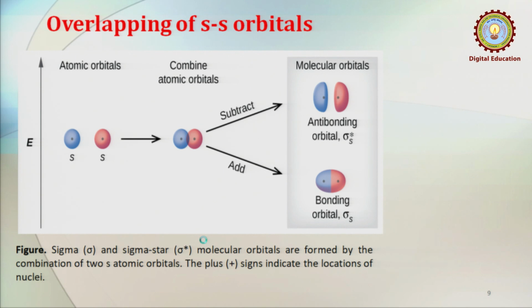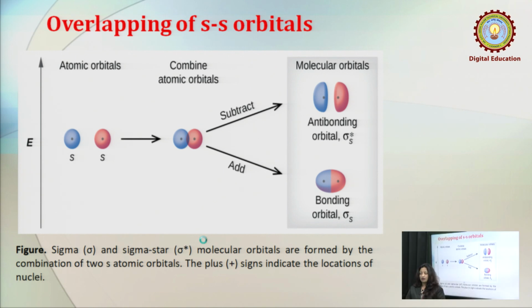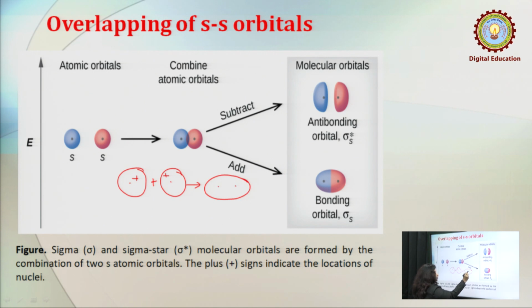So, friends, when we consider the overlap of two s orbitals, all of us know that the s orbital is spherically symmetrical, right. Now, when both the atomic orbitals are in the same phase, for example, if I consider plus, and this is also having the same phase, and then they enter into the process of overlapping, it leads to the formation of a polycentric molecular orbital.